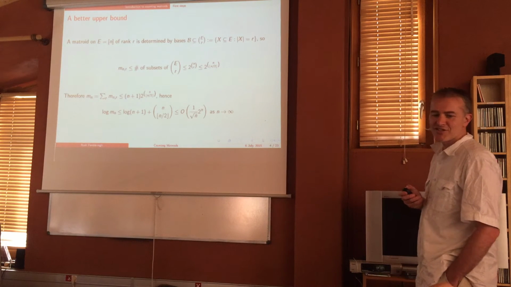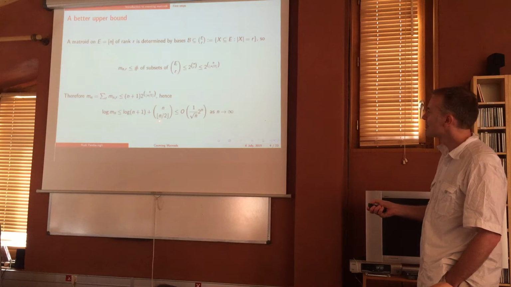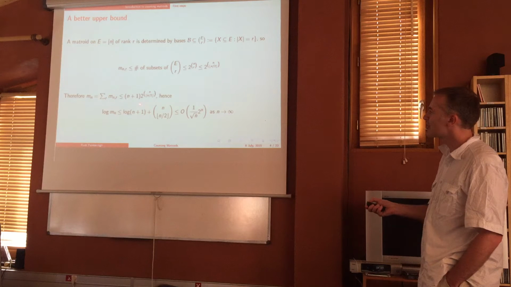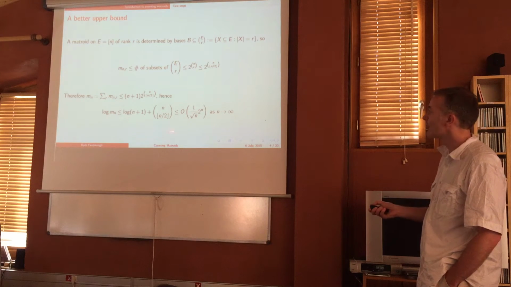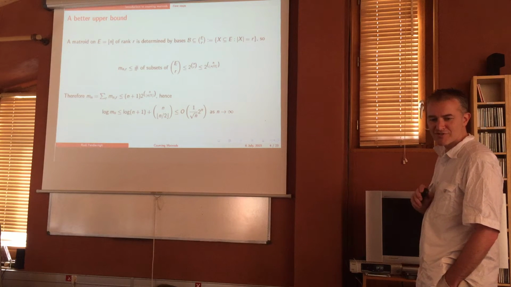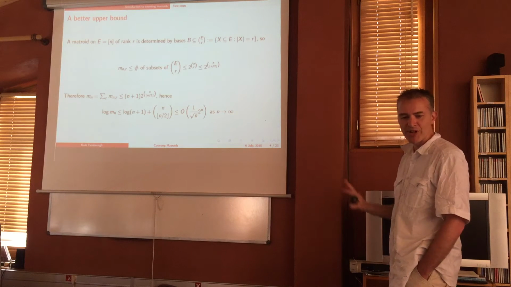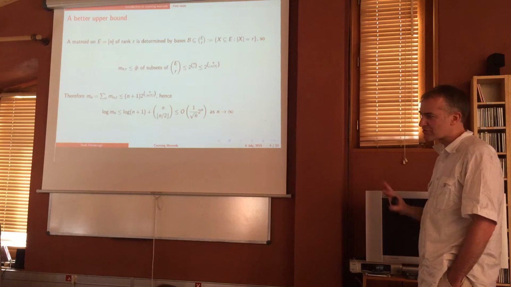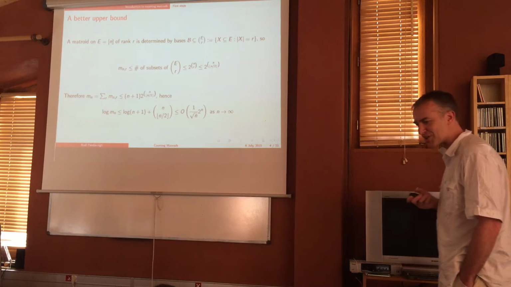But it's not actually going to matter for the quality of this upper bound, because this n plus 1 that you get by summing just becomes an additive constant of log(n+1), which is nothing compared to this exponential thing. And this happens more than once. It's often when you take the log of some sum, it's the worst thing that completely dominates the bound. And we'll see this more often as I get to more complicated ways of counting.